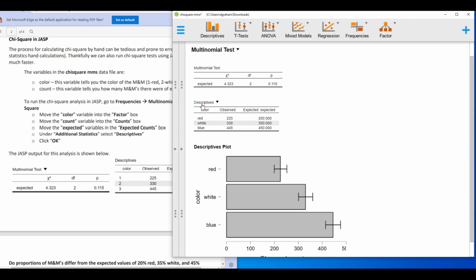And then because we selected descriptives, this again shows us our observed values in our sample and the expected values if our null hypothesis were true. And here we can see that distribution.